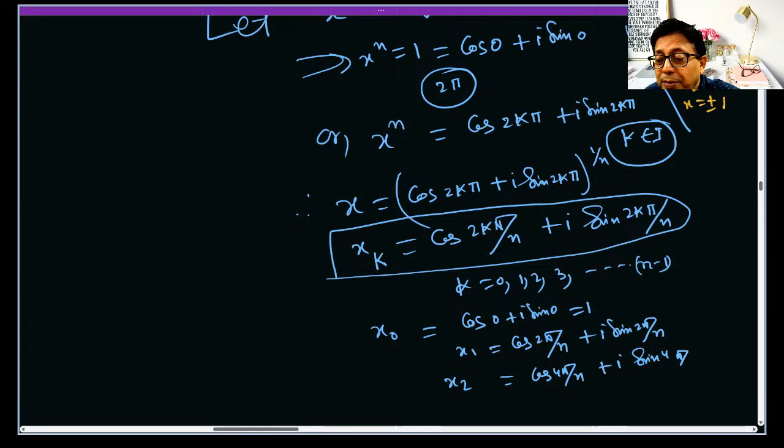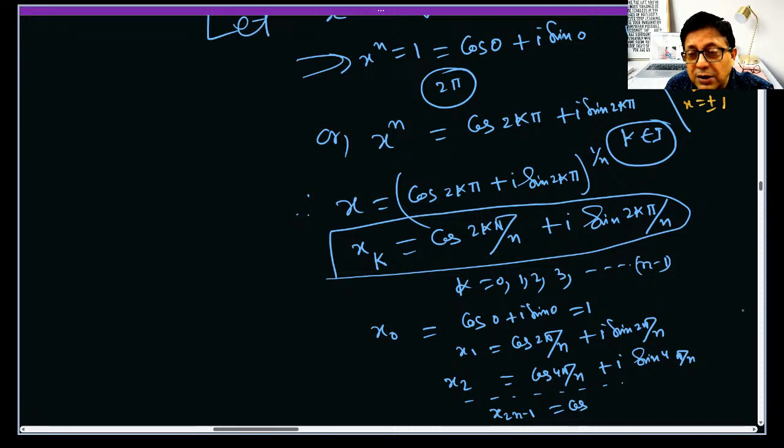So this way it will be continued. Cos(4π/n). I am writing the last one. Last one is x_{n-1}. This is nothing but cos... k is up to n minus 1, no? So you write x_{n-1}.